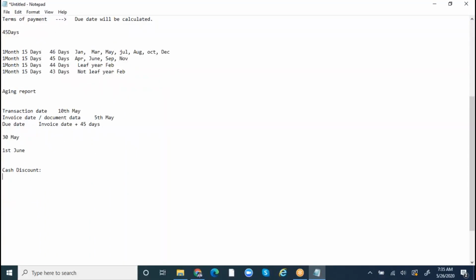So terms of payment is 45 days. Customer will pay definitely, even though if he has money with him, he will not pay in advance. Now I need to get money at the earliest so that I can run my business.